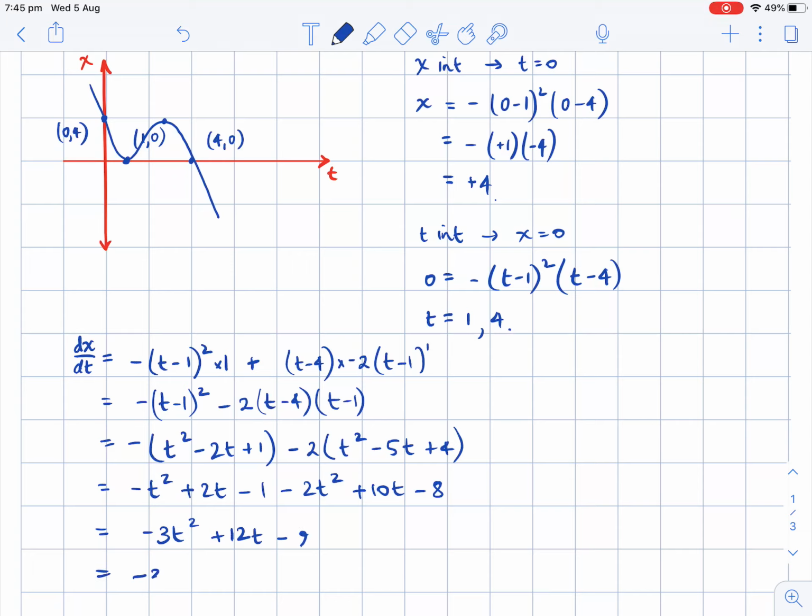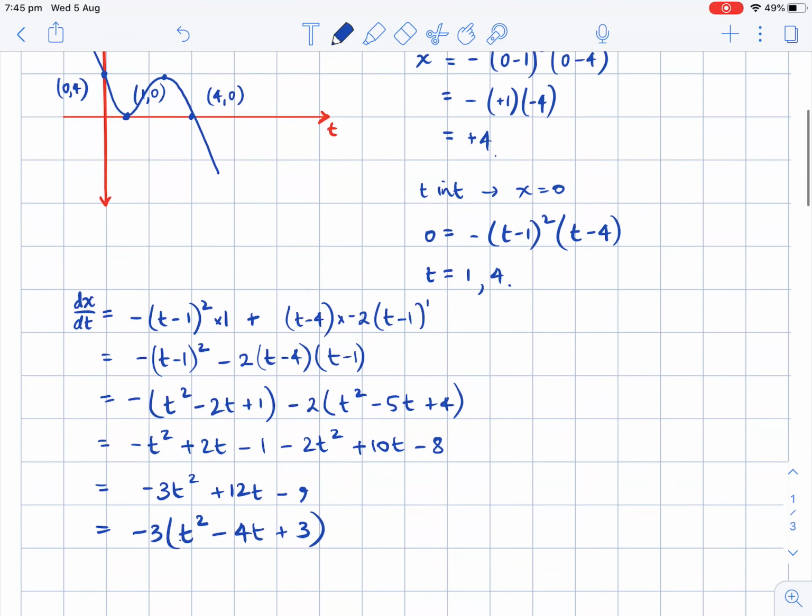If I bring out a negative 3 outside the brackets, I get negative 3 times (t squared minus 4t plus 3). So this is the change in x with respect to t, which is equal to the velocity.